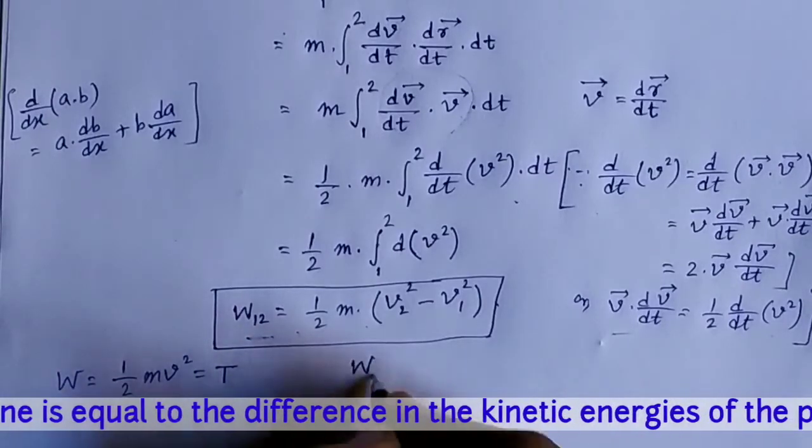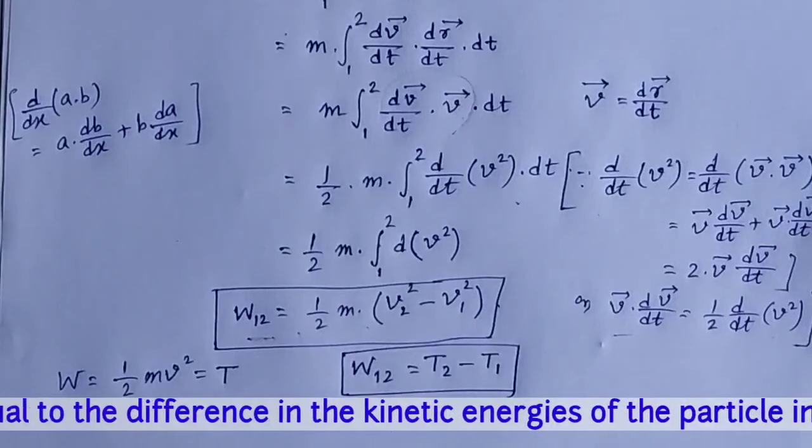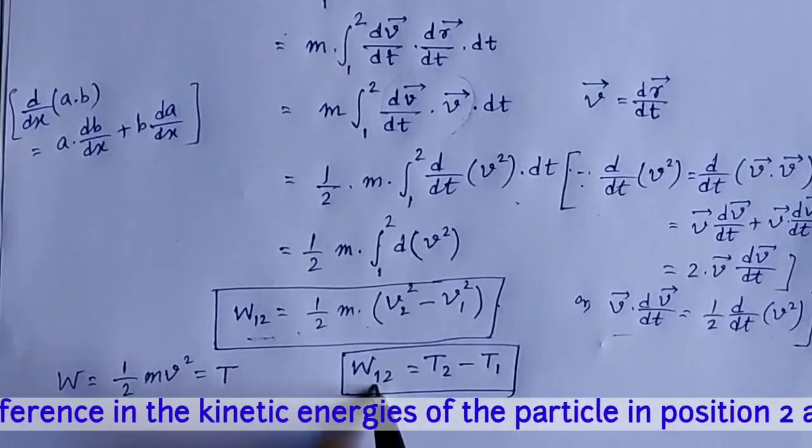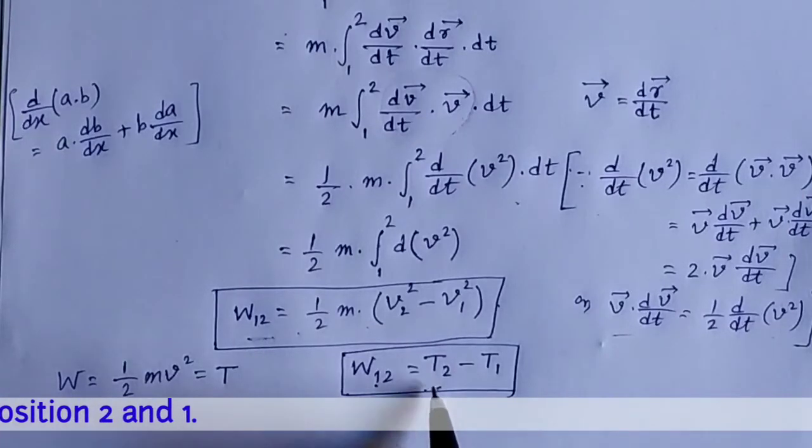That is, W12 is equal to T2 minus T1, which represents the work done equal to the difference in the kinetic energy of the particle in position 2 and 1.